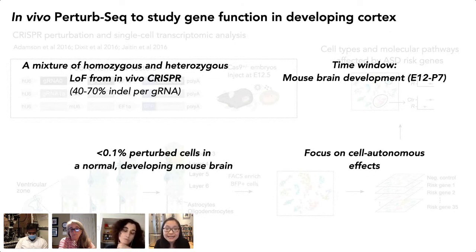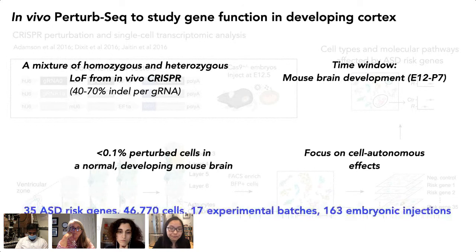And also, we decided to introduce the perturbation at E12 and harvest at P7, and that also limits the molecular readouts to what is happening during this time of development. But in the future, we could introduce perturbation and harvest at different timing to acquire more developmentally granular insights of how genes function. So from this set of studies, we collected in total 46,000 cells out of 163 embryonic injections.